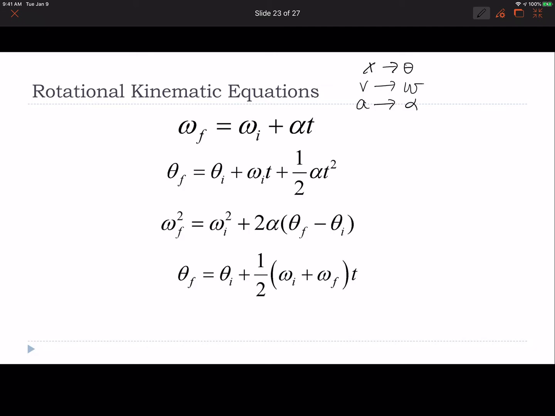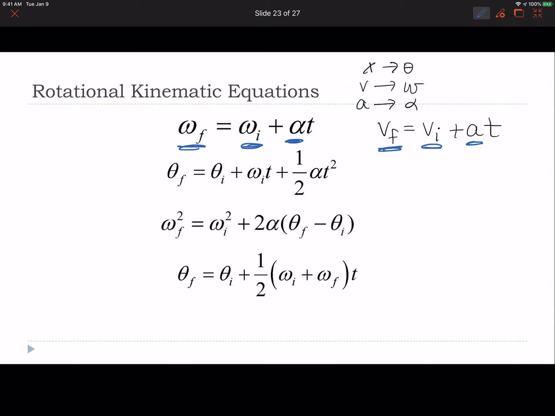So if we went back and we wrote down the kinematic equations, the first kinematic equation for linear motion was the final velocity is equal to the initial velocity plus the acceleration times the time. So in terms of the rotational variables, if I replace final velocity with final angular velocity, initial velocity with initial angular velocity, and acceleration with angular acceleration, I get the first kinematic equation for rotational kinematics.